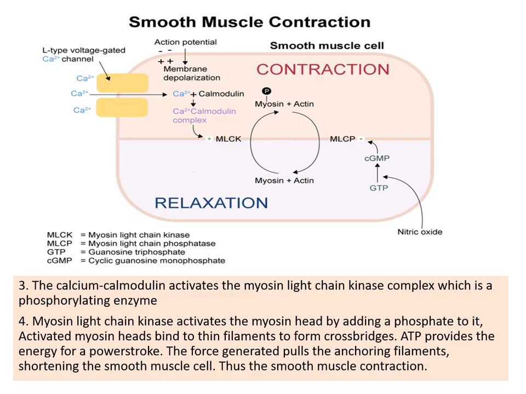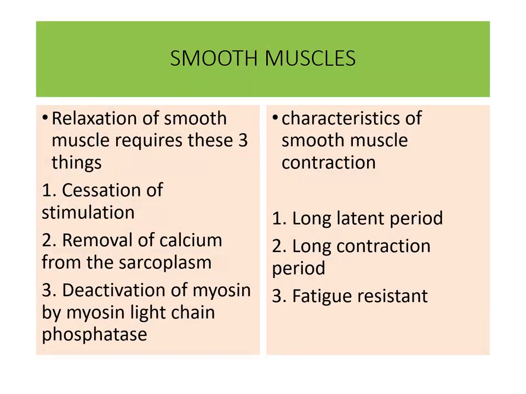The contraction is long lasting, having a long latent period, and it is fatigue resistant. These are the three important characteristic features of smooth muscle contraction: long latent period, long contraction period and fatigue resistance.